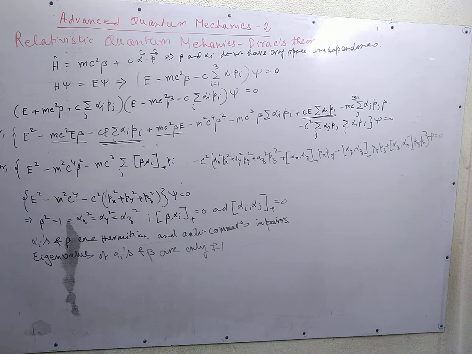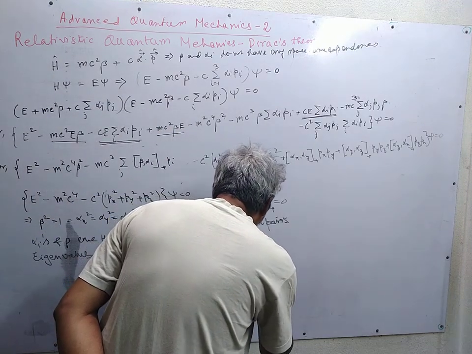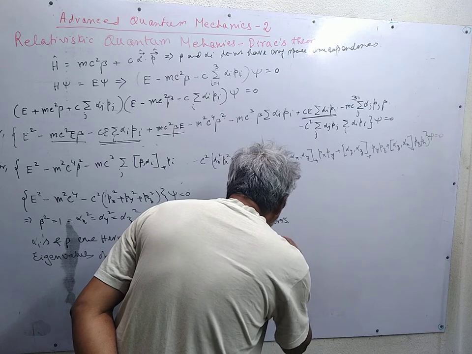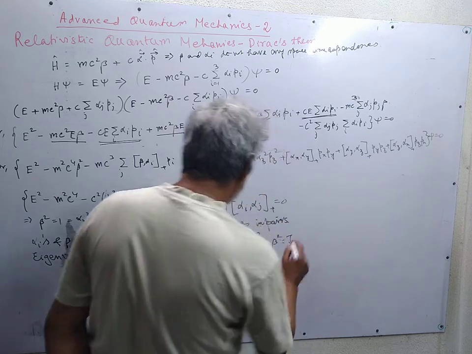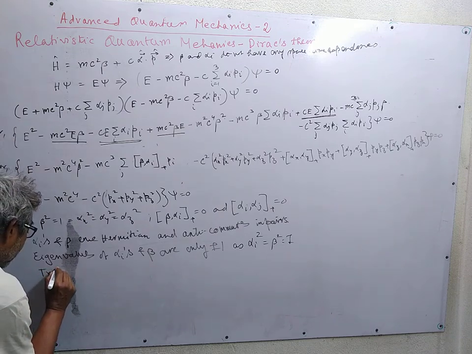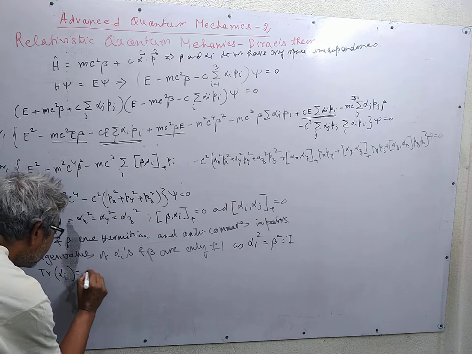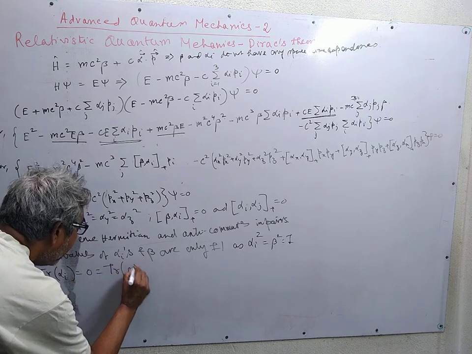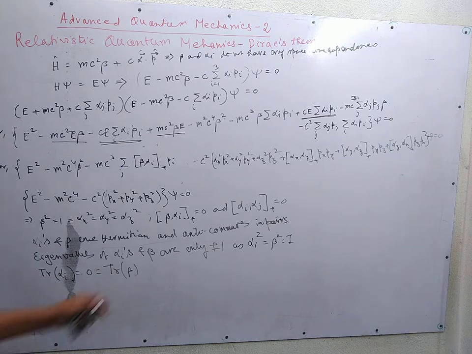Now, another thing is that they anti-commute in pairs, and alpha i squared is equal to beta squared is equal to the identity operator. And furthermore, the trace of alpha i is equal to 0 is equal to the trace of beta. This follows from the anti-commuting property. With a little bit of matrix algebra, we can see that they will have 0 trace.